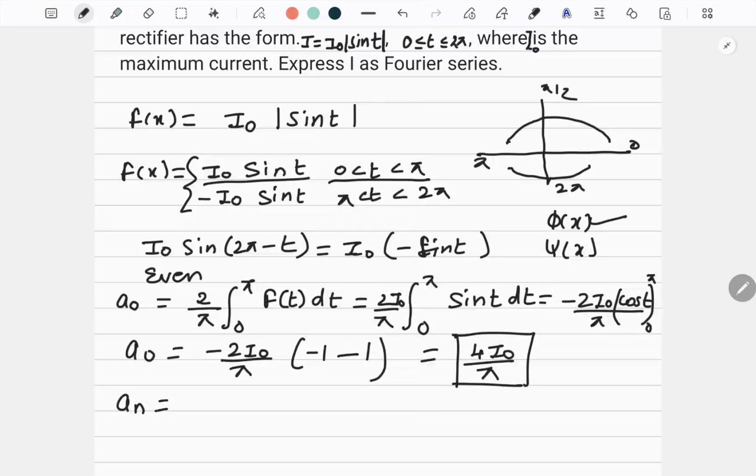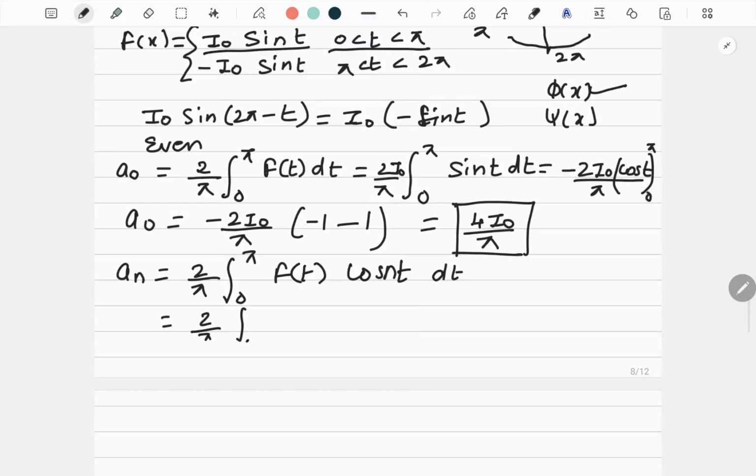Now let's see the an value. an will be 2 by pi, integral 0 to pi, f of t cos nt dt. Instead of x you have to use t. Now, 2 by pi integral 0 to pi, what is f t? f t is nothing but I0 sin t cos of nt dt.